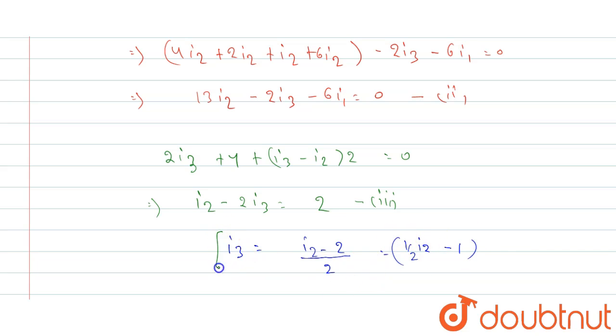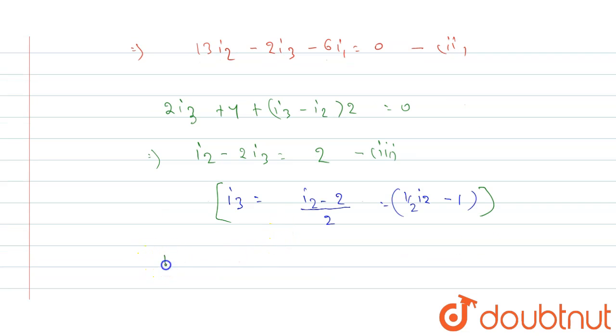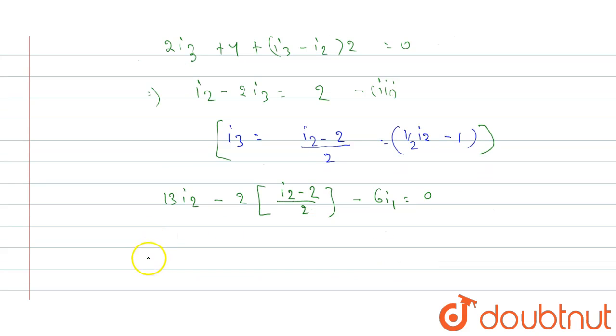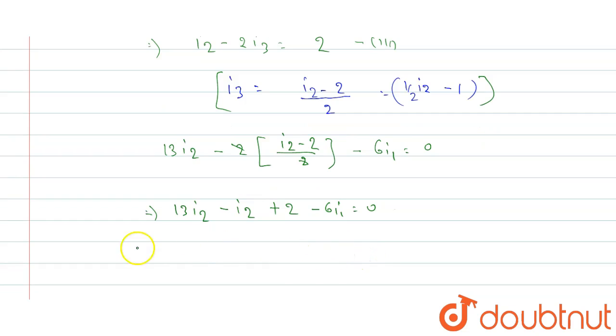Now putting this value of I3 in the above equation 2, we will get 13I2 minus 2 multiplied by (I2 minus 2) divided by 2 minus 6I1 is equal to 0. That implies, students, we get 13I2, the 2 gets cancelled out, this is minus I2 plus 2 minus 6I1 is equal to 0.